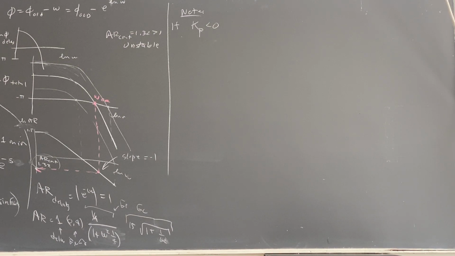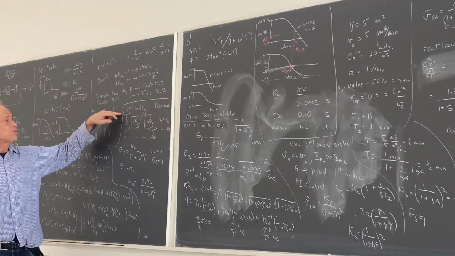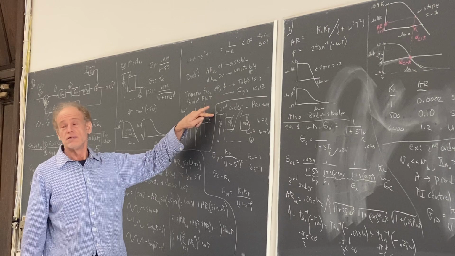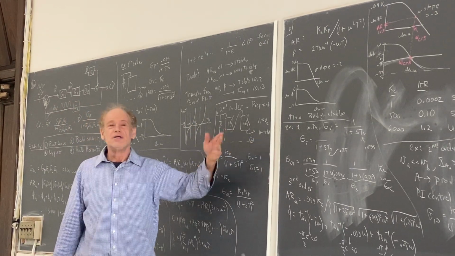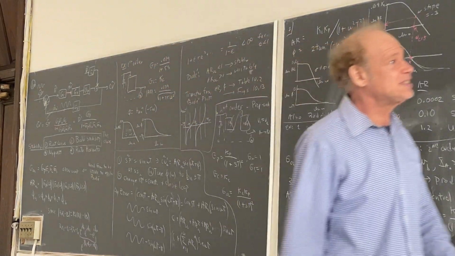So for example, let's say there was a disturbance, and the disturbance lowered the concentration of the reactant. Well, then I'm going to have a lower concentration of reactant at the output. So Kp can be positive or negative depending on the situation.